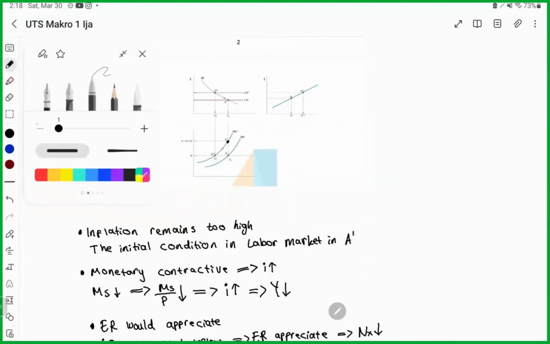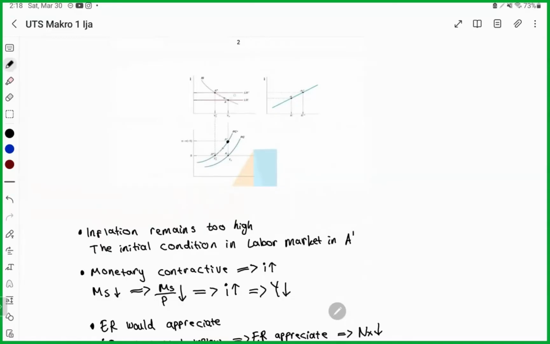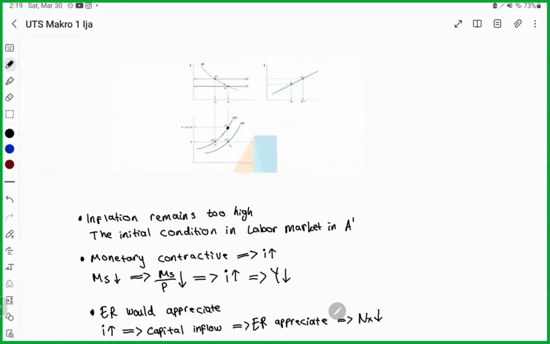All right, with contractive monetary policy, it will cause the money supply to decrease because he uses the modern regime, which is interest rate targeting. If you are still confused about what interest rate targeting is, you can see the first part of this series. Okay, when the money supply decreases, the real balance will decrease.